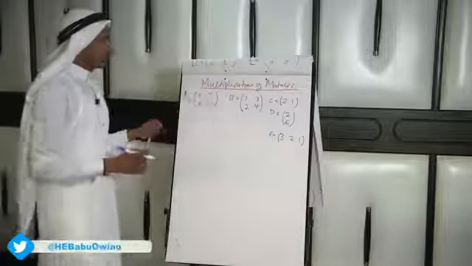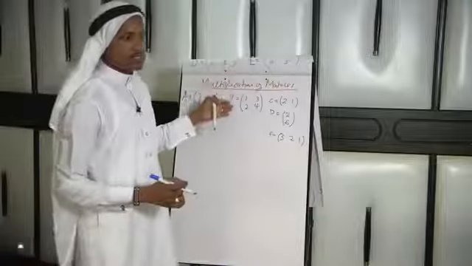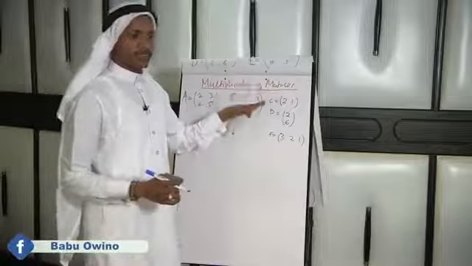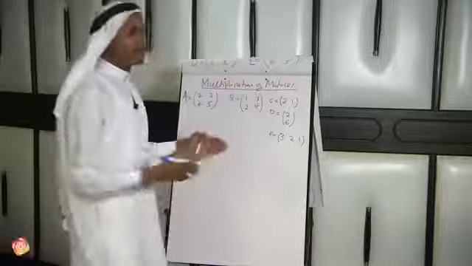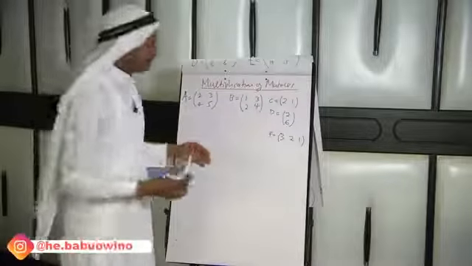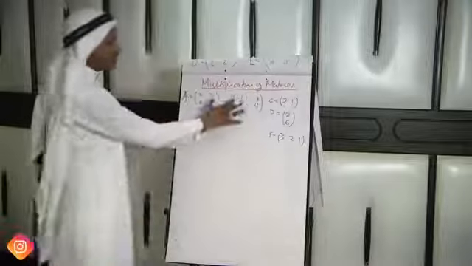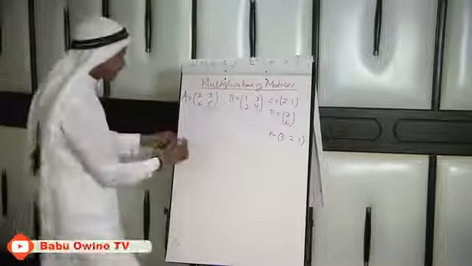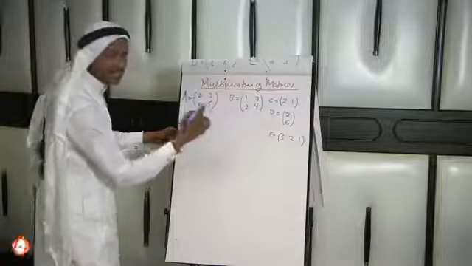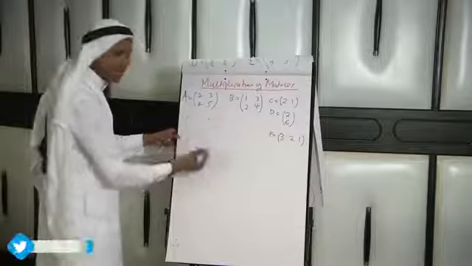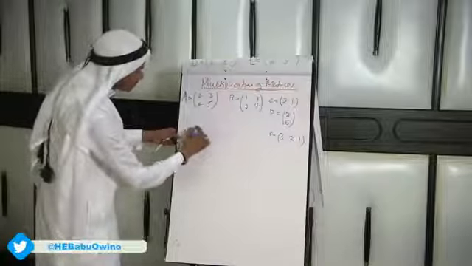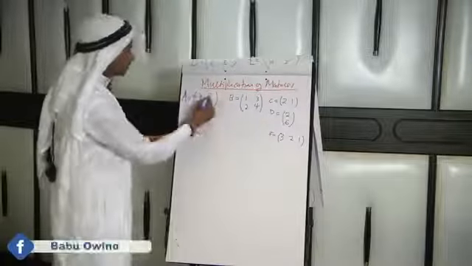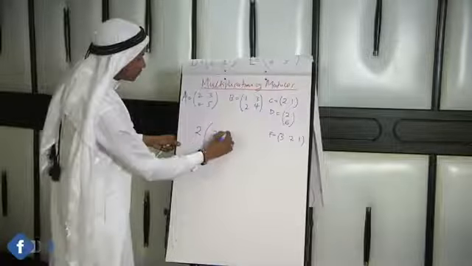First of all, before I take you to multiplication of matrices, I want to take you to a very simple minor step that we've just jumped: multiplication with a scalar. Just keep this at the back of your mind, because this is just less than a minute. When we multiply with a scalar of 2, you multiply by 2, 4, 3, 5.